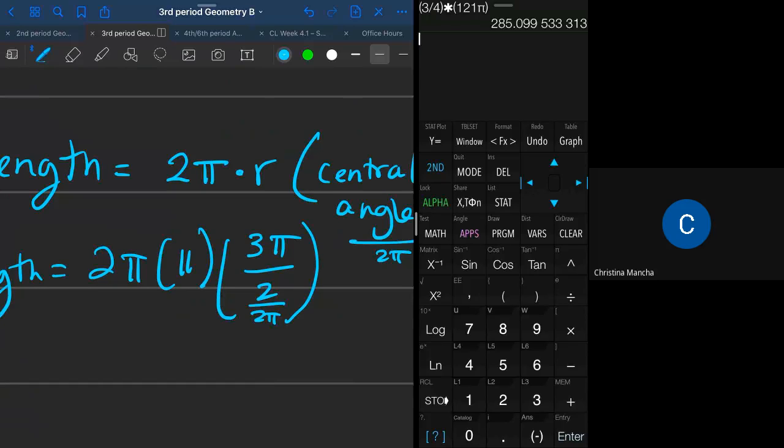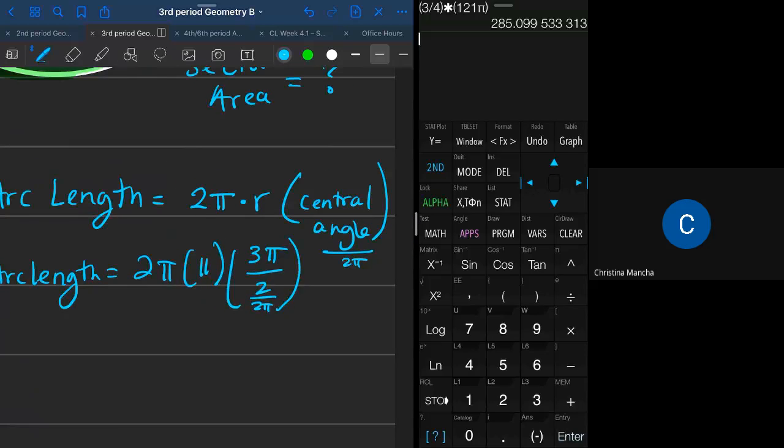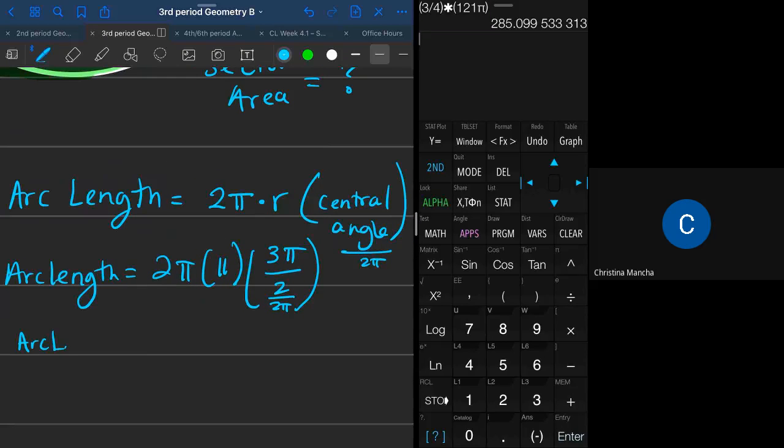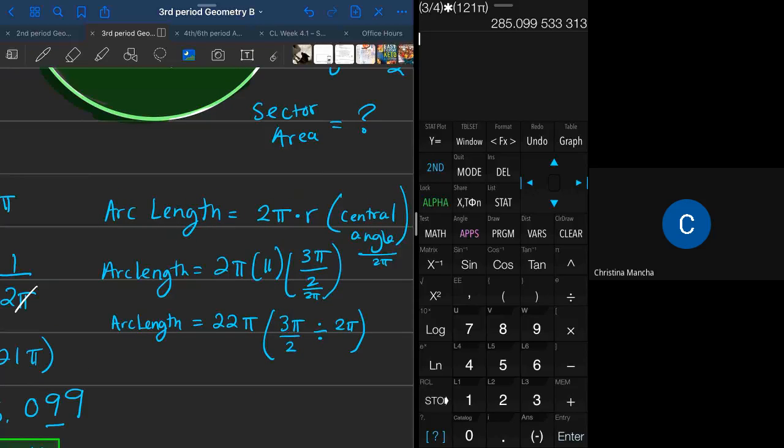So I'm going to have arc length is equal to 22 pi, because 2 times 11, times 3 pi over 2 divided by 2 pi. Do this part on the calculator, and you will end up with the same idea.